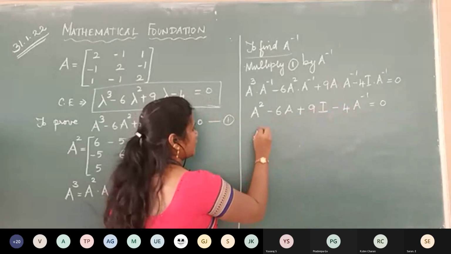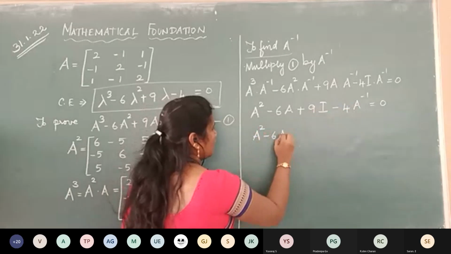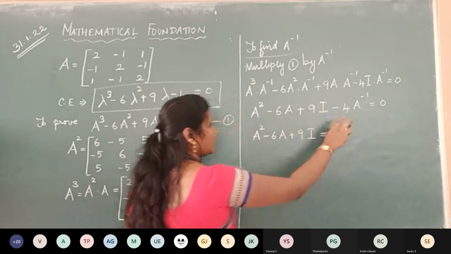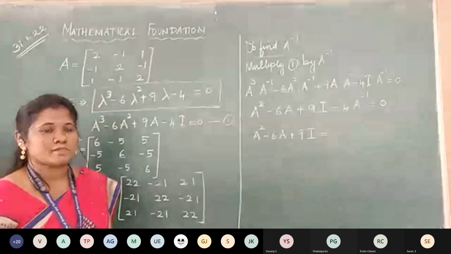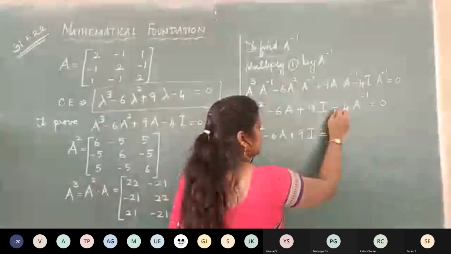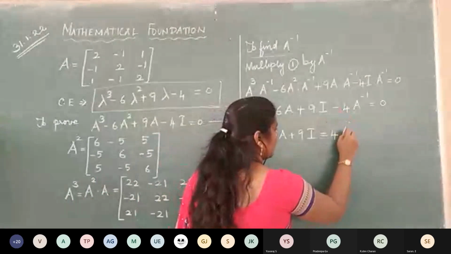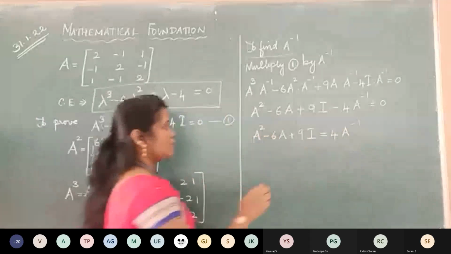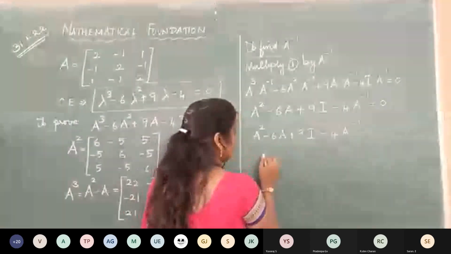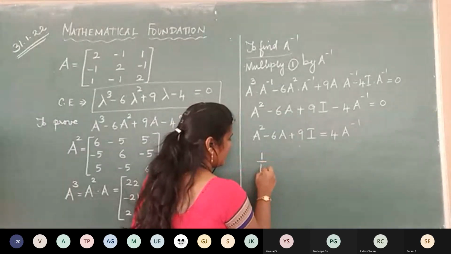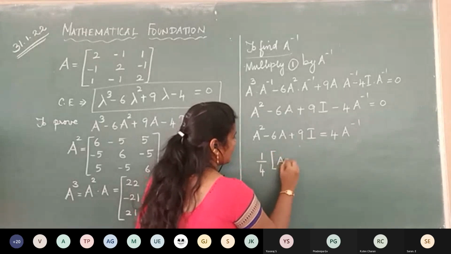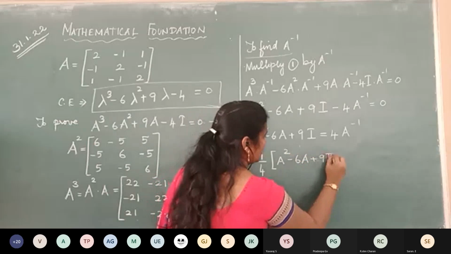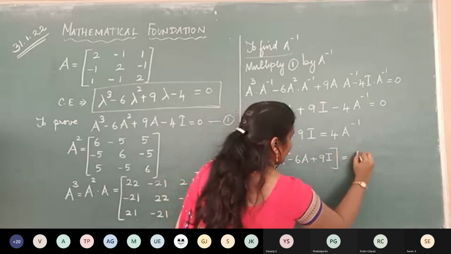So A square minus 6A plus 9I is equal to 4A inverse. You need only A inverse, so if you take it, it becomes 1 divided by 4 into A square minus 6A plus 9I is equal to A inverse.